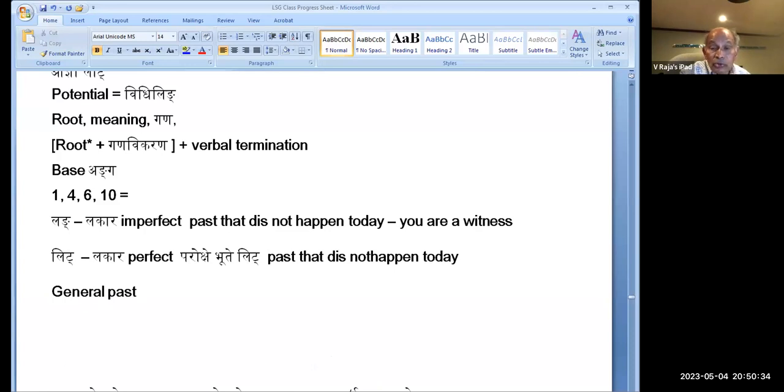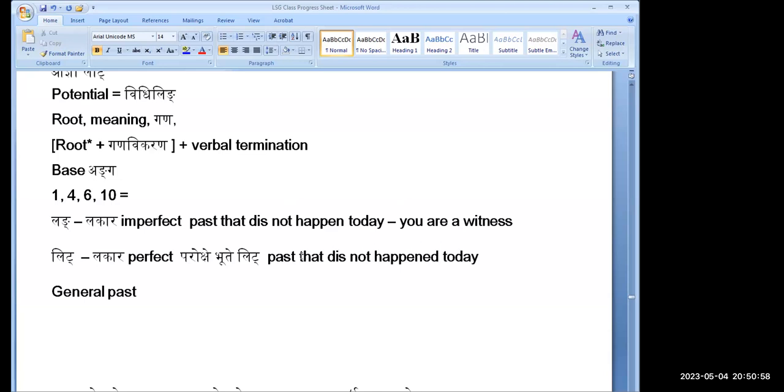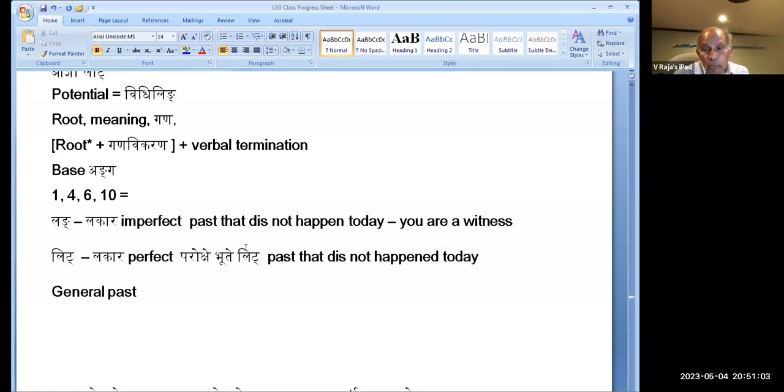Each root has its own shape and procedure. That's why it's very rarely used, except by well-known poets. So we don't cover that. We cover these two. And this is Parokshe Bhute Lit, and you see it in the old books.